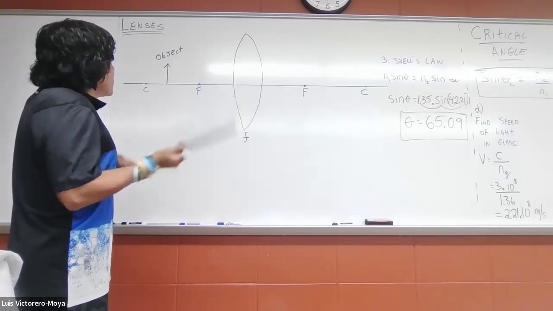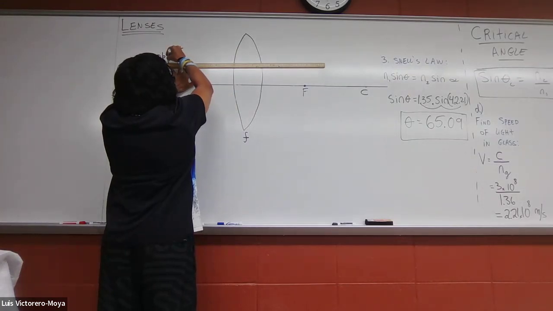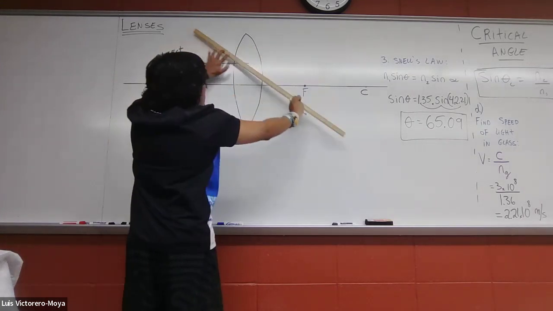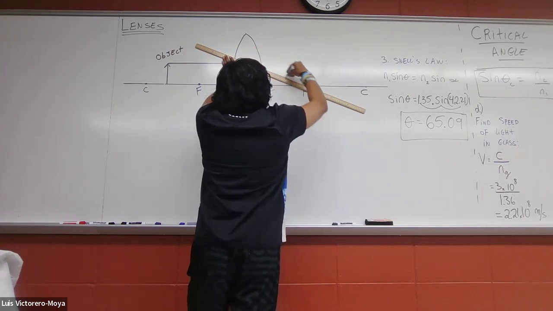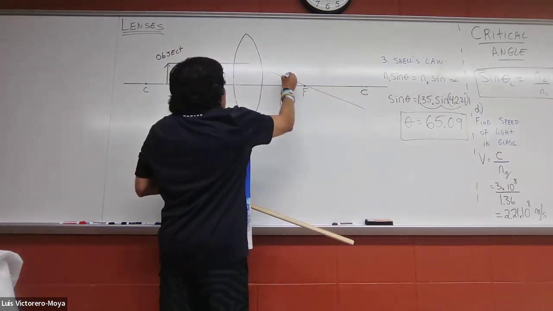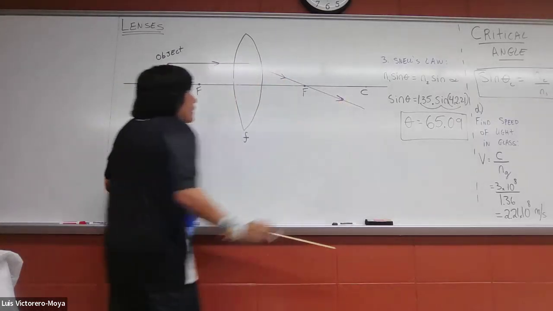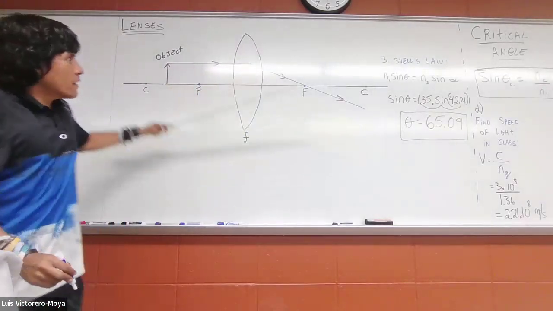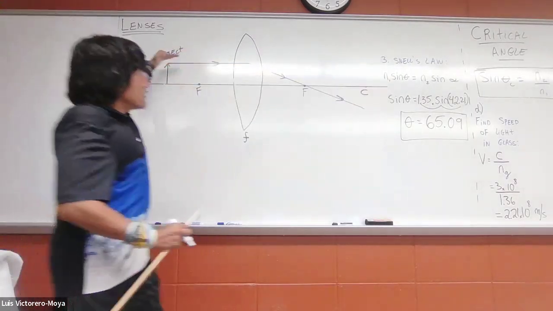The first ray is the parallel ray to the axis. Like that. And then, as you saw today, some of you, like that. So it's going through the focal point. It converges, right? It goes through a focal point.